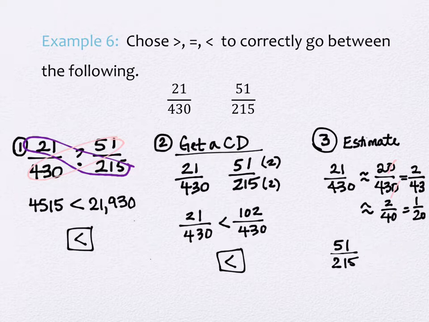Okay. So 51 over 215. This is approximately equal to like 50 over 200. Wouldn't you agree? I rounded a bit more to do that, but it's not that far off. I can mark out a 0 if I'd like, and I'd have 5 over 20. But what is 5 over 20?